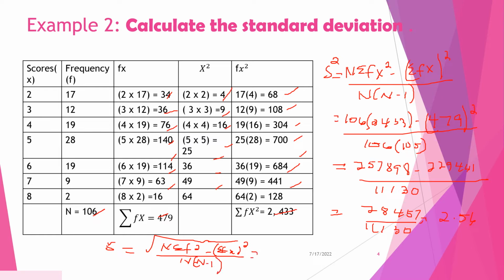The square root of 2.56 is approximately 1.59. So 1.59 is our standard deviation. Okay, next.